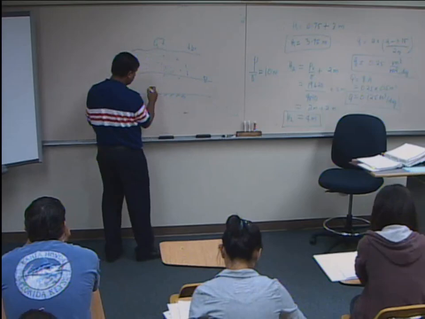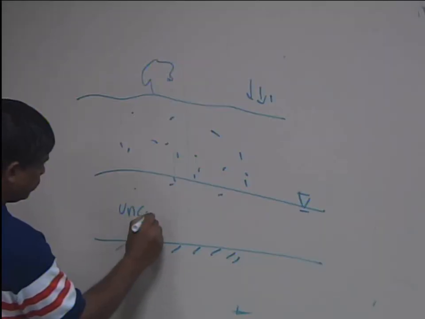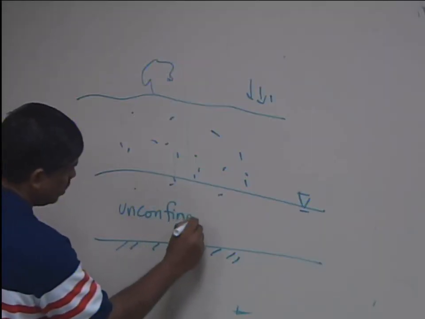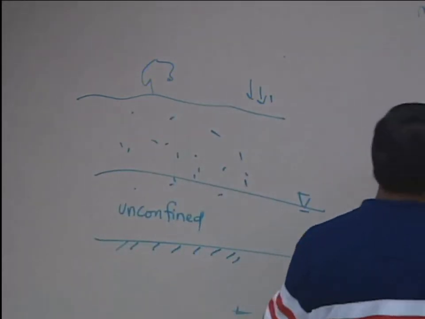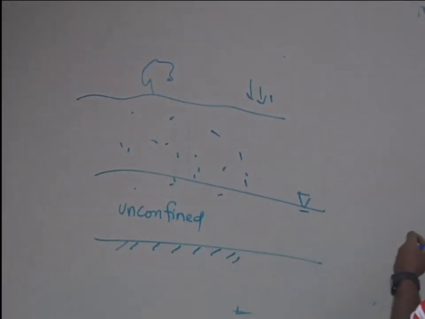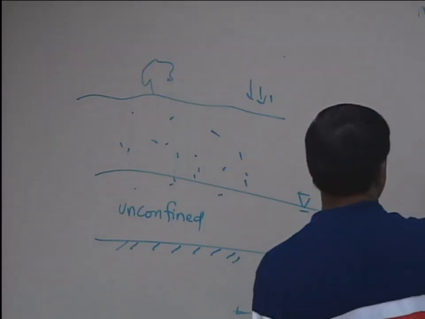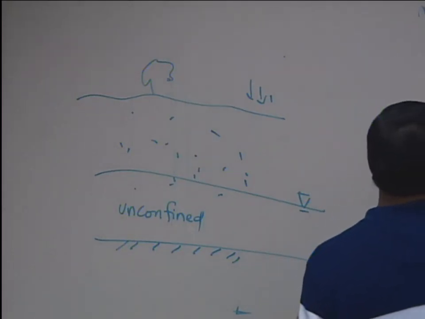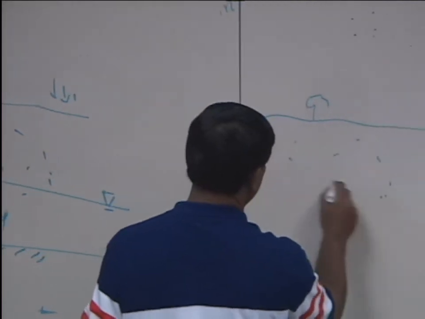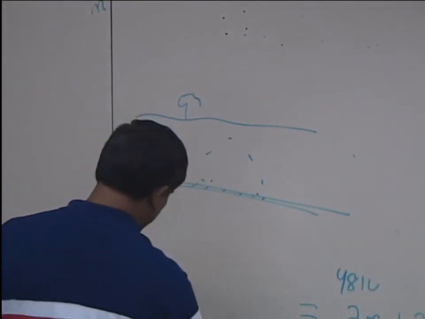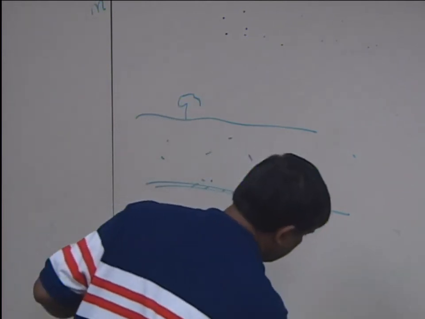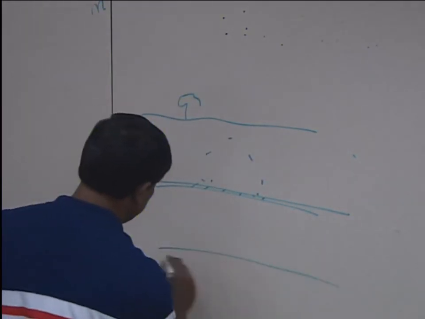These are known as unconfined systems, and we'll talk more about it later. But most of the problems you'll be seeing in the next class will be dealing with confined systems, which are basically deep systems where there is some rock which is confining the water-bearing formation.